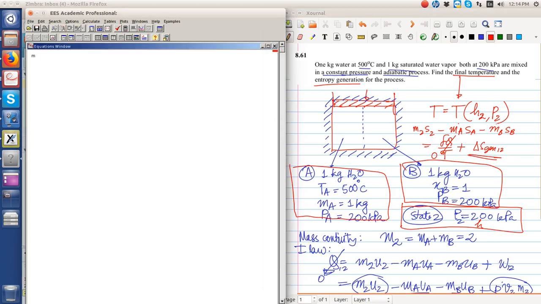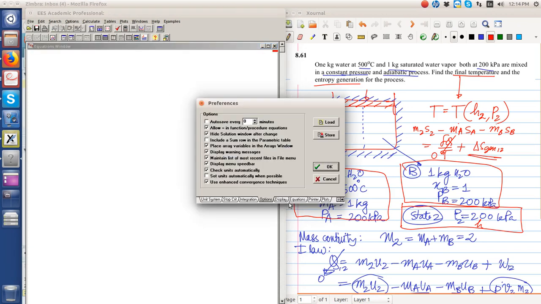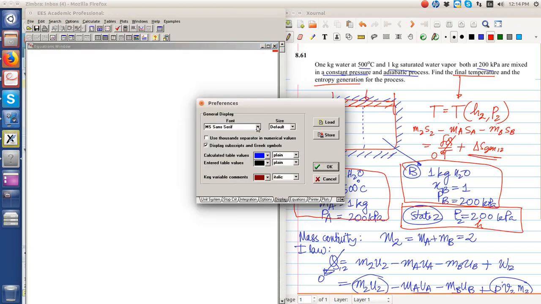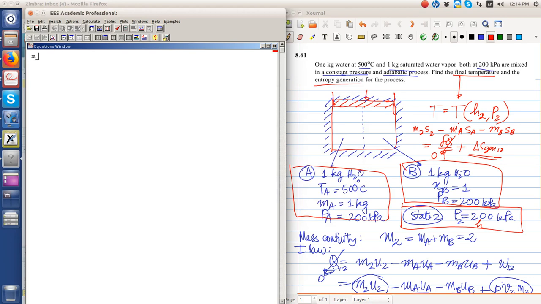Let me increase the font in preferences. I prefer the Courier font for programming. Okay, so MA is equal to 1, MB is equal to 1, M2 is equal to MA plus MB. Very good.